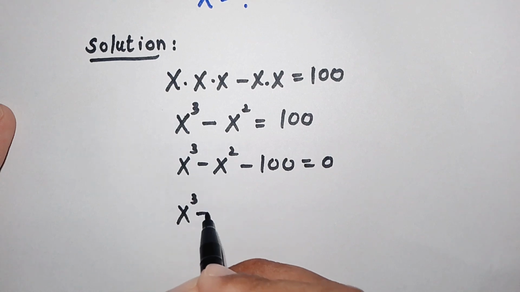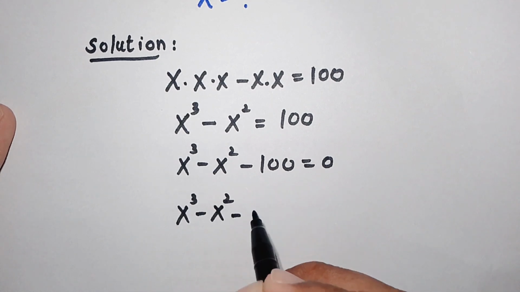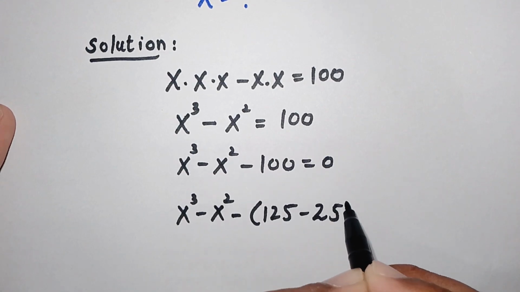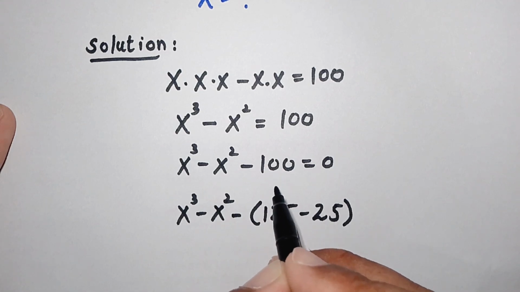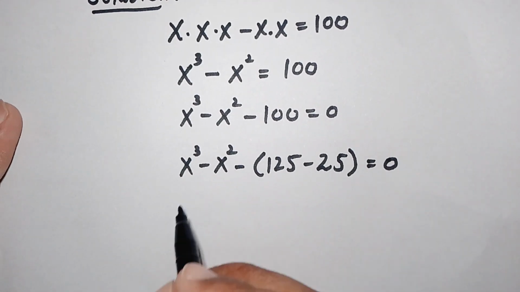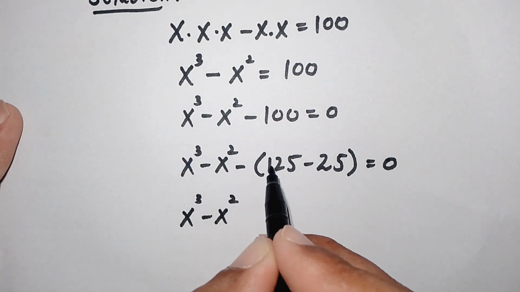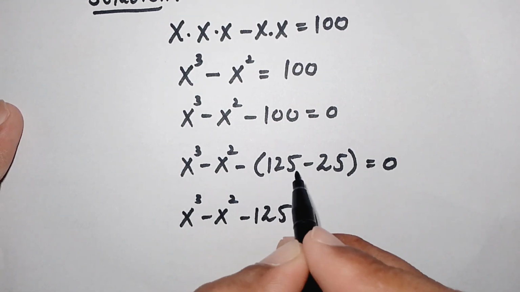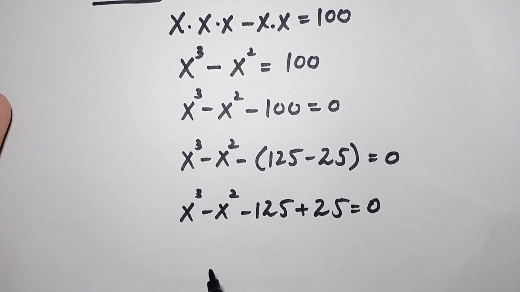x to the power of 3 minus x square minus 100, we know that this 100 is equal to 125 minus 25. 125 minus 25 is equal to 100, and this is equal to 0. x to the power of 3 minus x square minus 125, minus times minus is equal to plus 25, which is equal to 0.